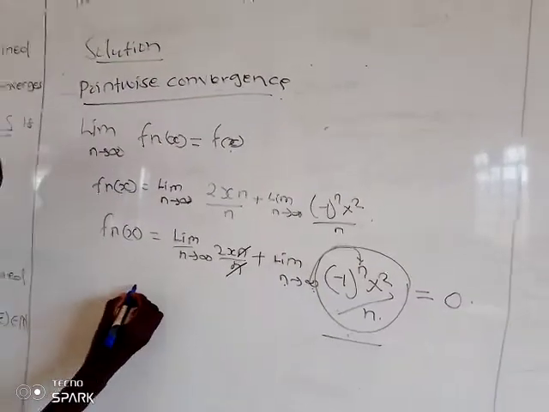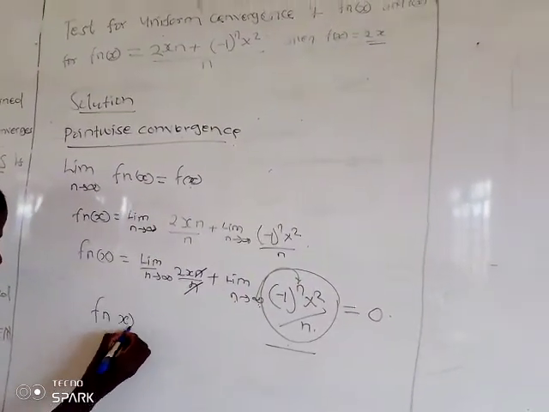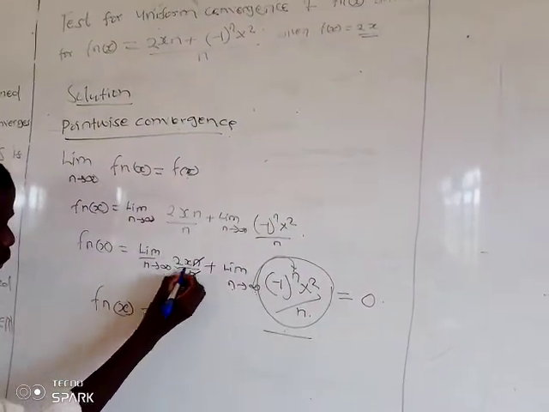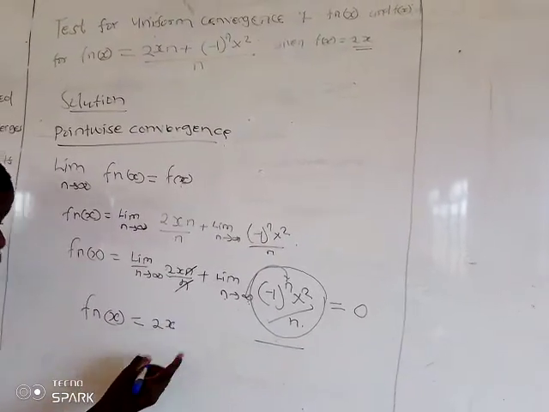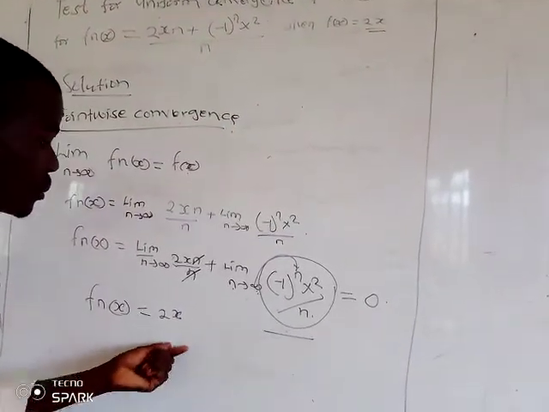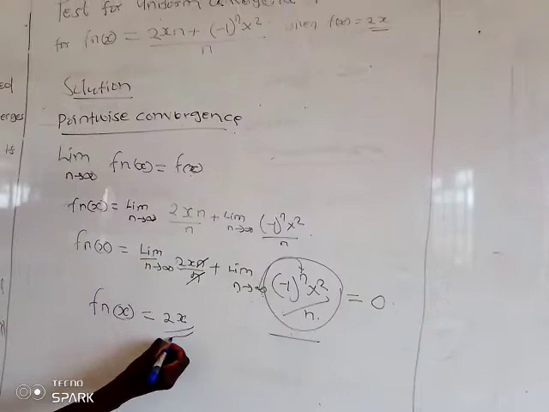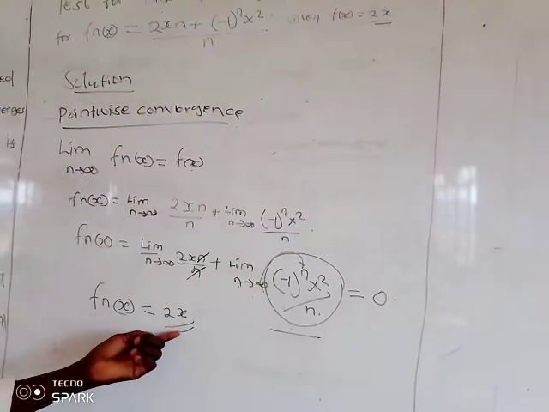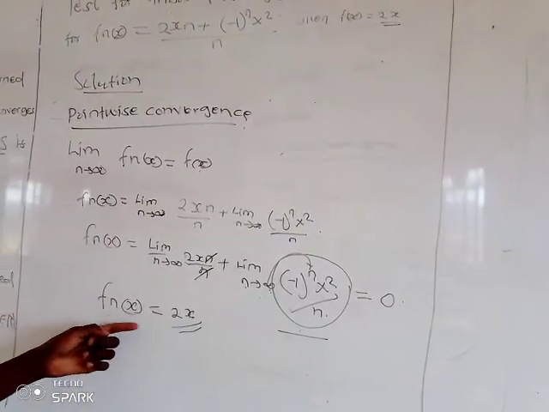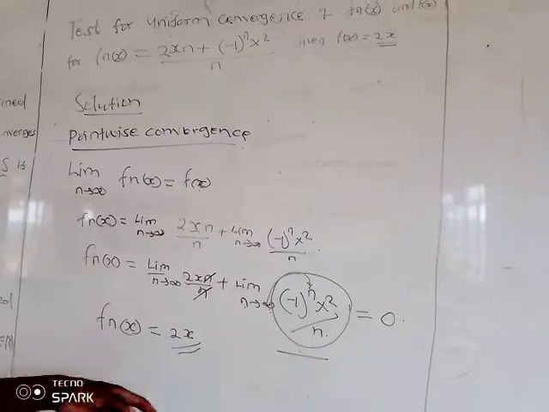And we remain with f_n of x equal to 2x. Since 2x has no variable n, f_n of x will be equal to 2x.